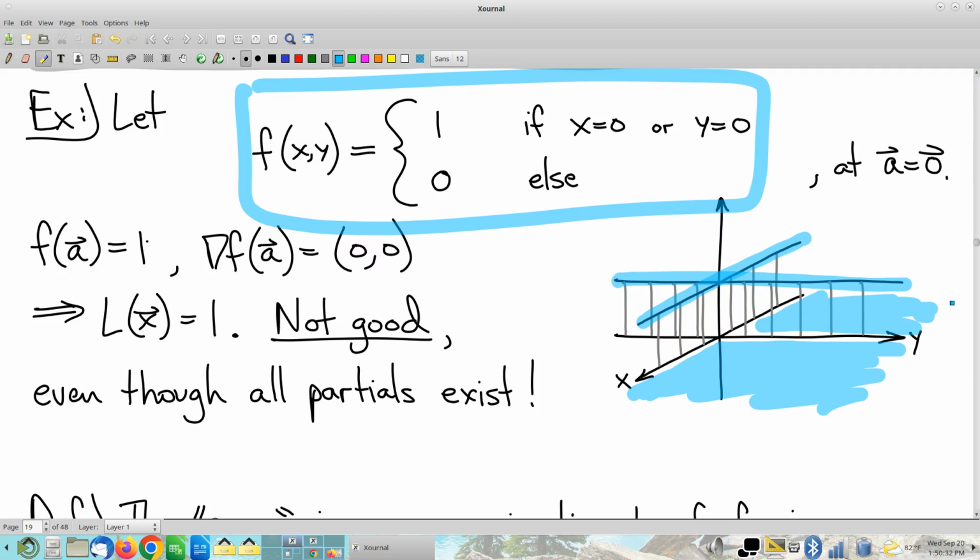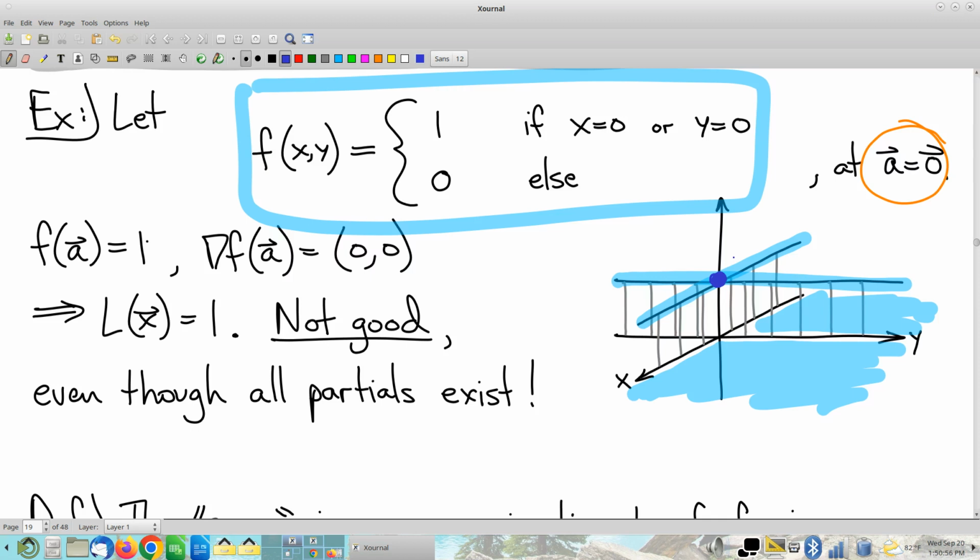Well, I just need to compute various partial derivatives, and we are looking at the point a equals 0, the zero vector. The value of the function at 0 is 1. No problem, right? Both of the coordinates are 0, so the value of the function is 1.